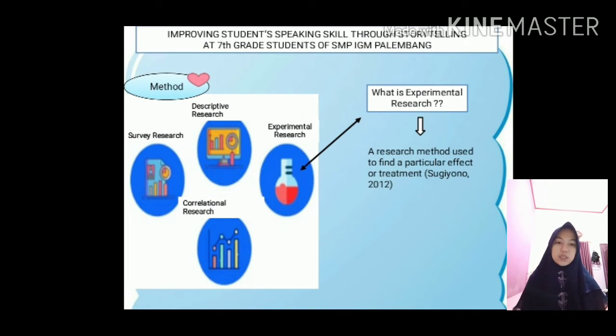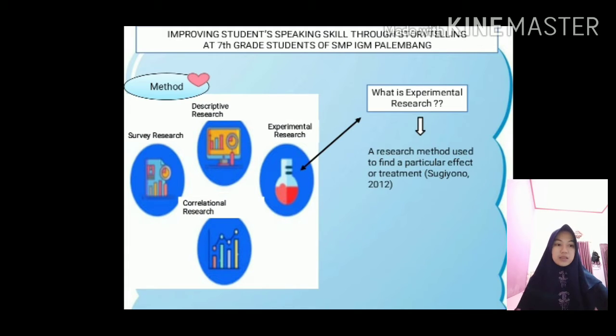As we have learned in our previous meeting, there are several methods that we can use in doing research. For example, here I put several methods such as survey research, descriptive research, experimental research, and correlation research. And in this research, I use experimental research. What is experimental research?